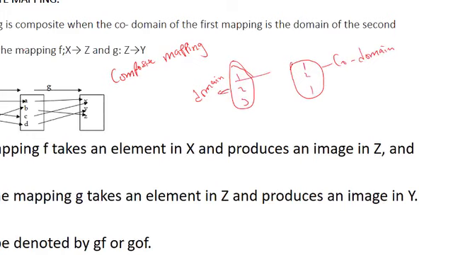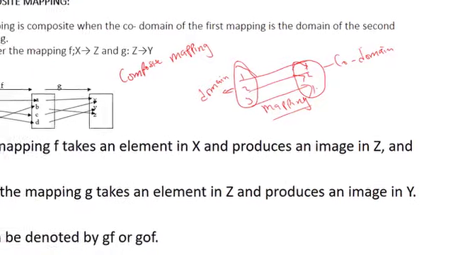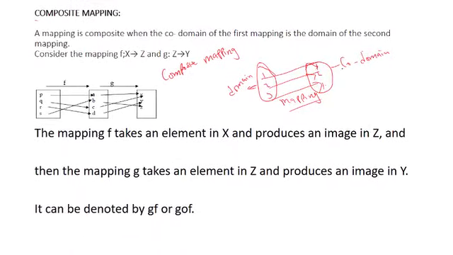If this serves as a codomain and this is the domain, before now we called this just mapping and function. But in a situation where you have another codomain, whereby the codomain of the initial mapping serves as a domain to the second mapping, then you now call it a composite mapping.